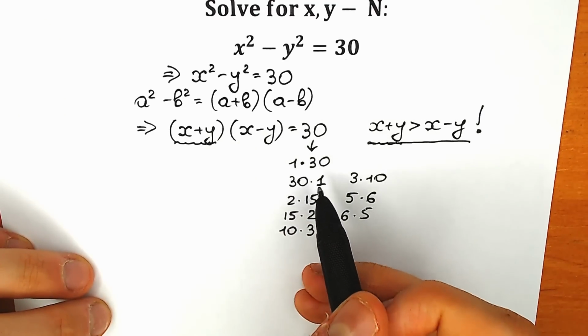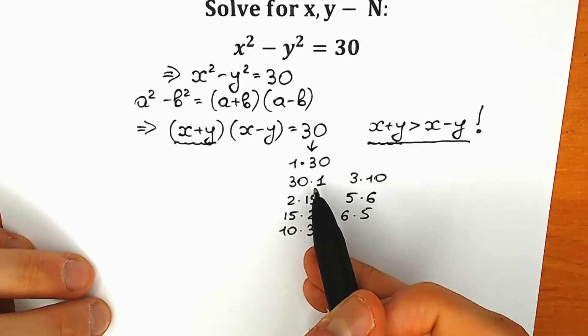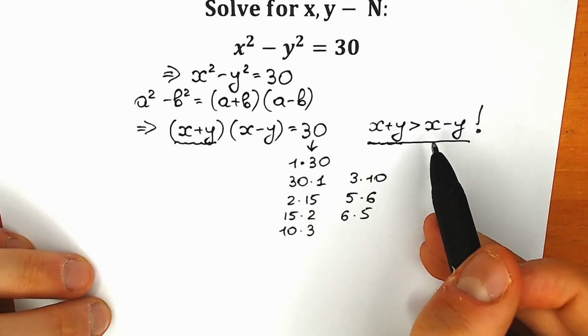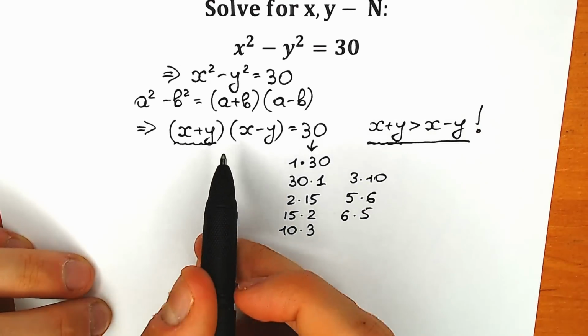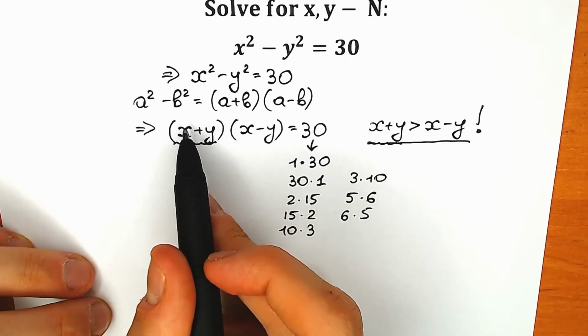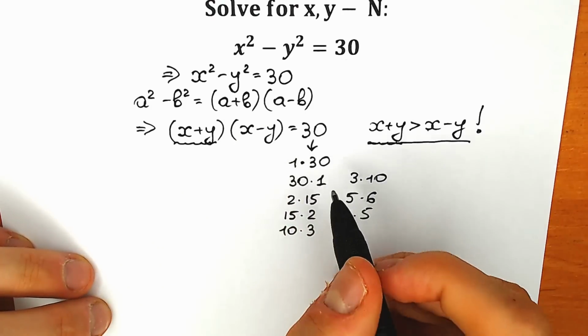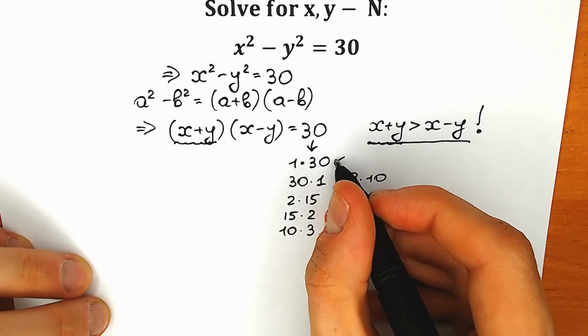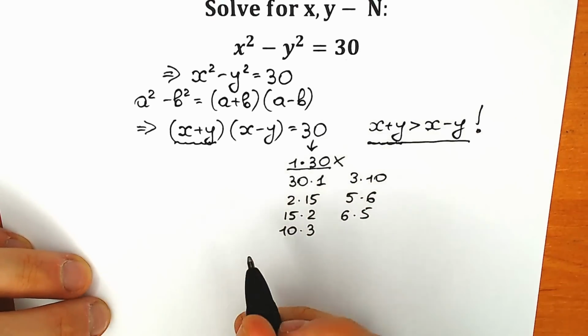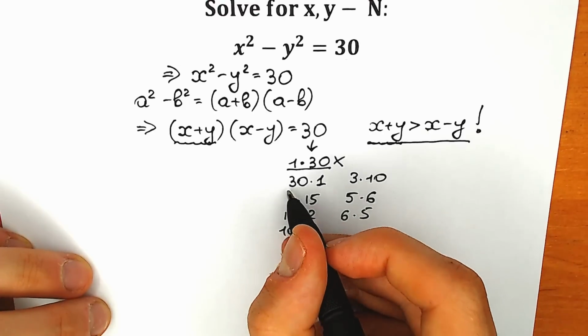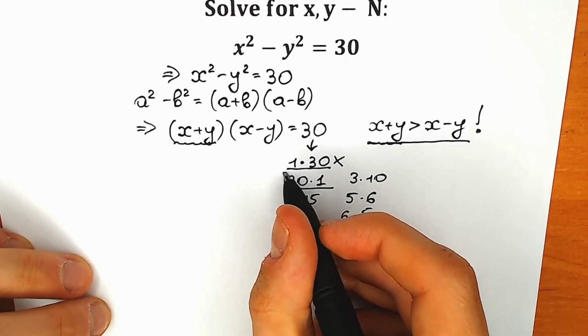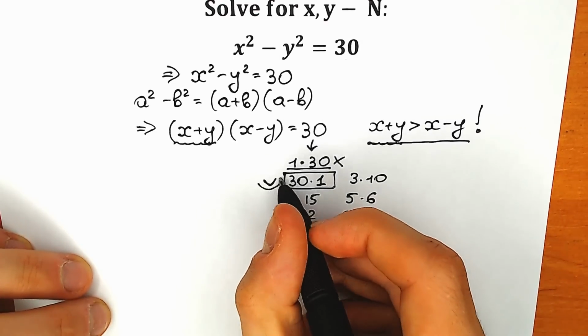If the first value is less than the second, we are not interested because x plus y needs to be greater. So we reject 1 times 30, but 30 times 1 is great for us.